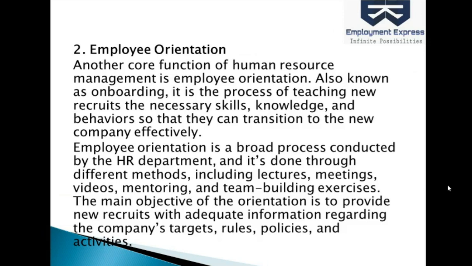Employee orientation is a broad process conducted by the HR department. It is done through different methods, including lectures, meetings, videos, monitoring, and team building exercises. The main objective of orientation is to provide new recruits the necessary information regarding the company's targets, rules, policies, and activities.